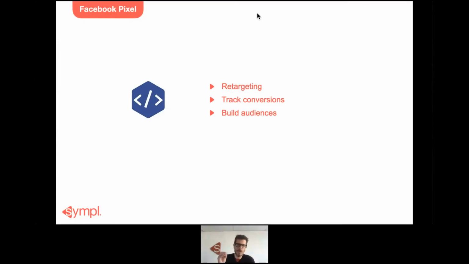So if your objective is going to be conversions, it's going to be very important to have the Facebook Pixel on your website so it can actually track if people are converting. I'm not going to dive too deep into this, but just write that down: Facebook Pixel, talk to your developers, ask them to install the Facebook Pixel on your website. It's literally going to be 15 minutes work.